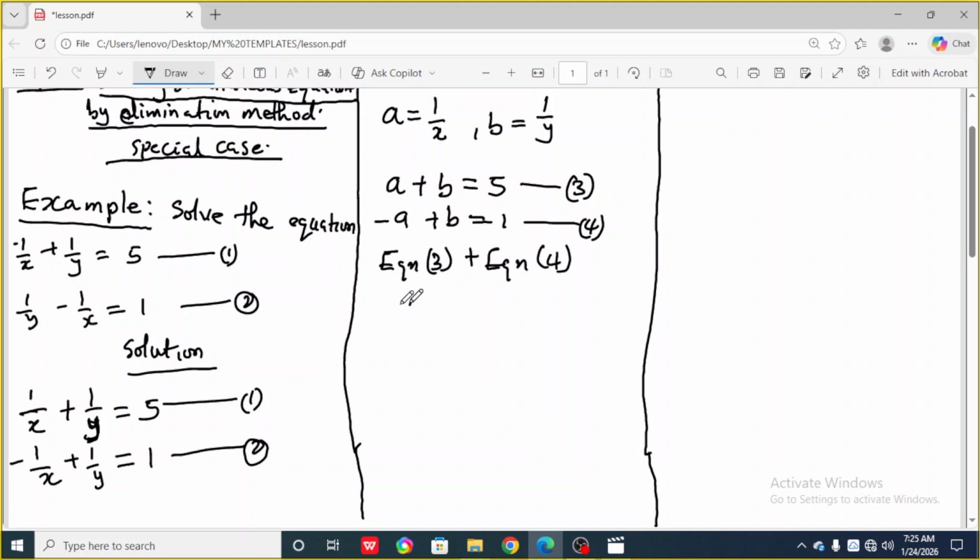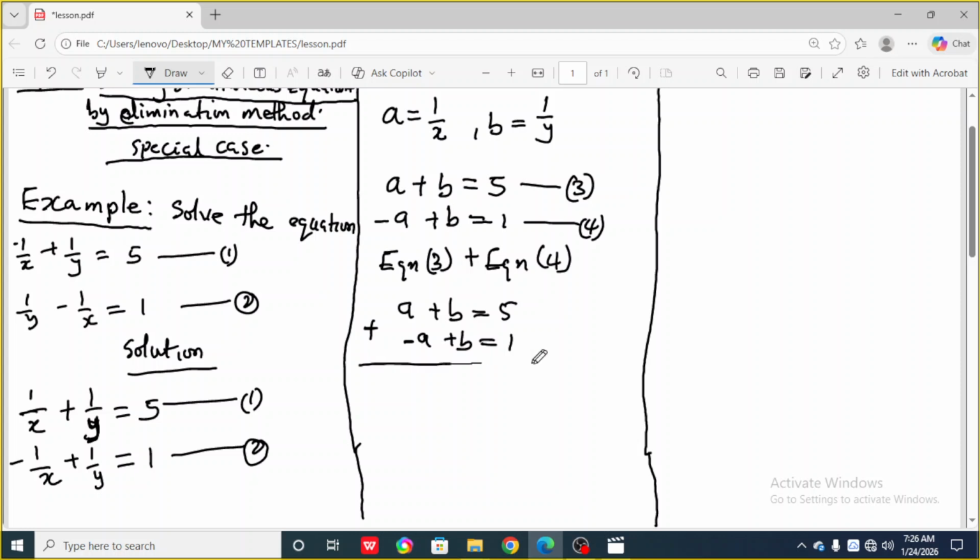So I'm having a plus b equal to 5. Since I'm adding, the order of arrangement does not matter. But if I'm subtracting, I would like to bring the bigger one up and the smaller one down. But I'm adding, so plus minus a plus b equal to 1.